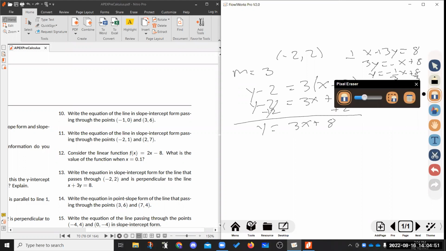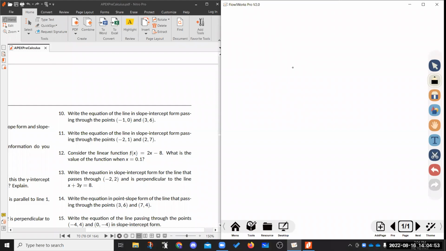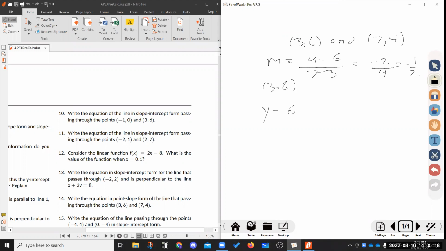Write the equation in point slope form of the line that passes through the points (3, 6) and (7, 4). So my slope is going to be 4 minus 6 over 7 minus 3. -2 over 4 is a -1/2. I'm going to pick (3, 6), my point that I'm going to use. y minus 6 equals negative 1/2 x minus 3.